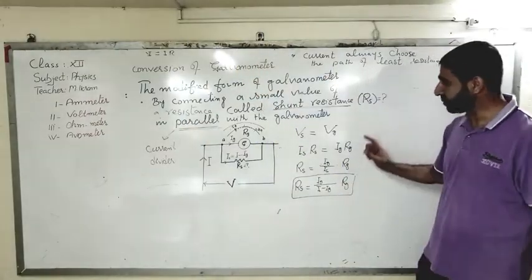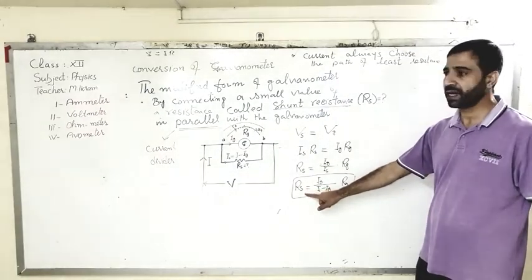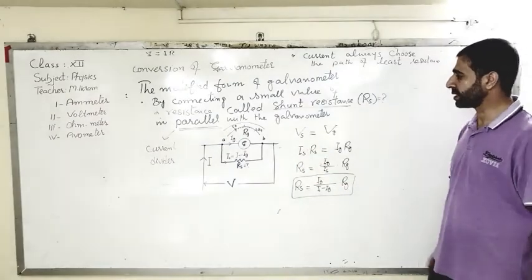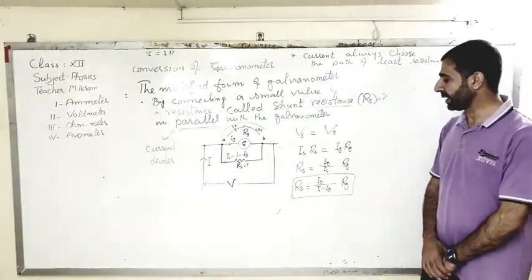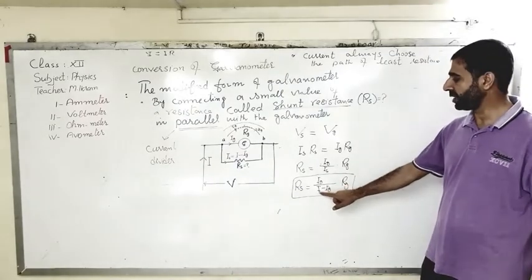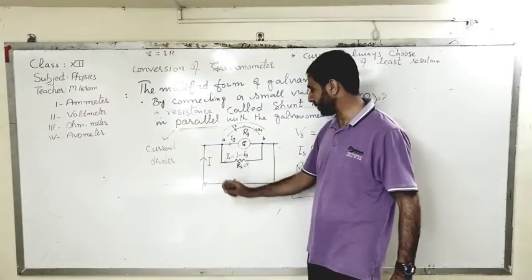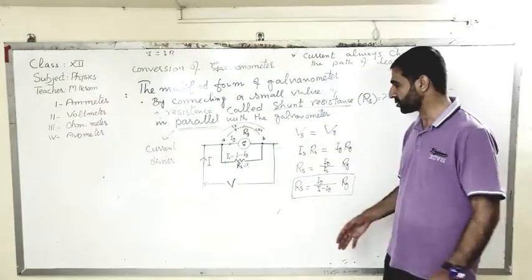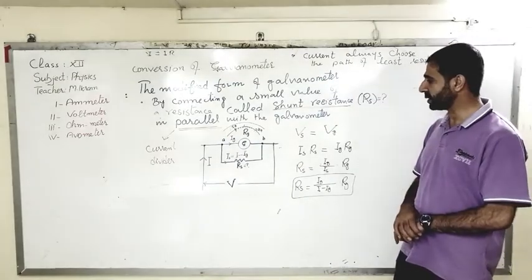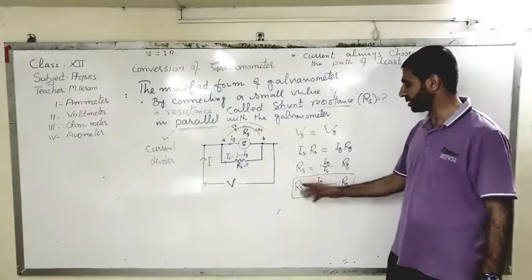Now let us see. You can use this expression to solve the last two numericals of this unit. Clear? Where you have been given the maximum value of the current for which the galvanometer will be converted into the ammeter. The resistance of the galvanometer is usually, I think, 100 ohm, and then the IG current is given, and you need to find this RS.